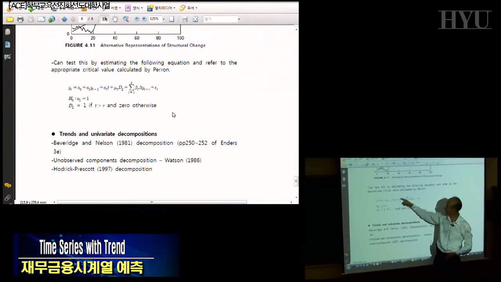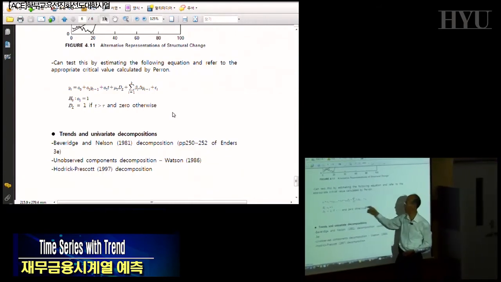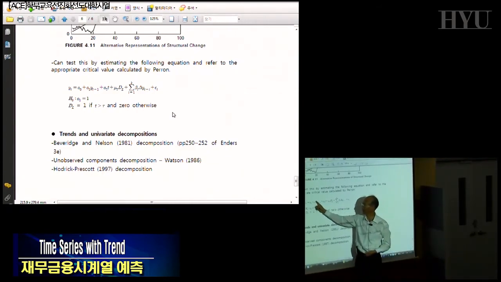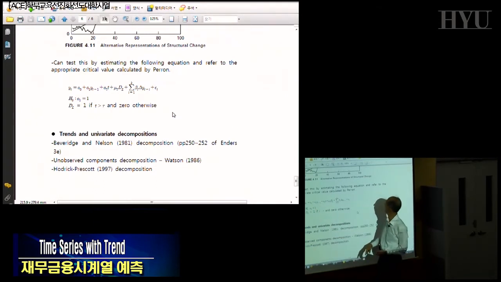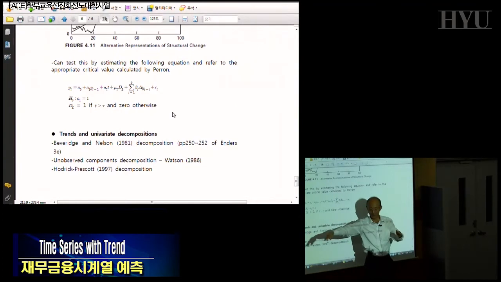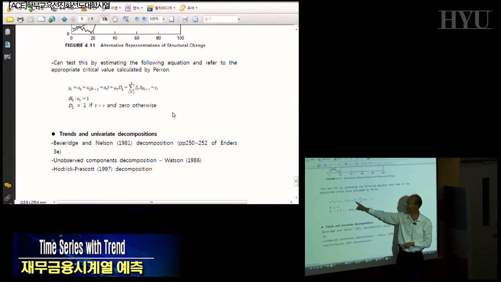So you create the dummy variable and run this regression and then calculate the t value, and Perron, in his paper, has a table that shows the simulated distribution under the null hypothesis where you might have this type of level shift.